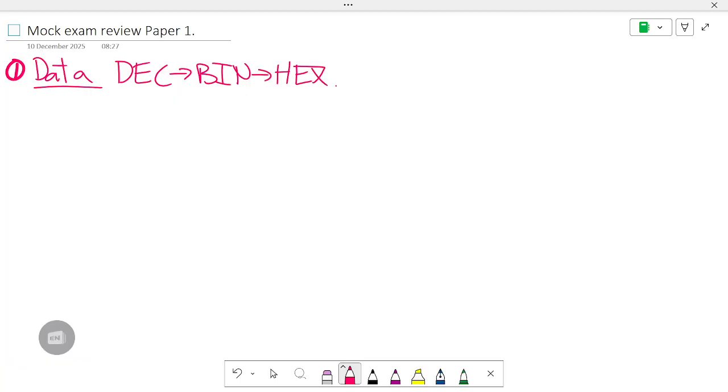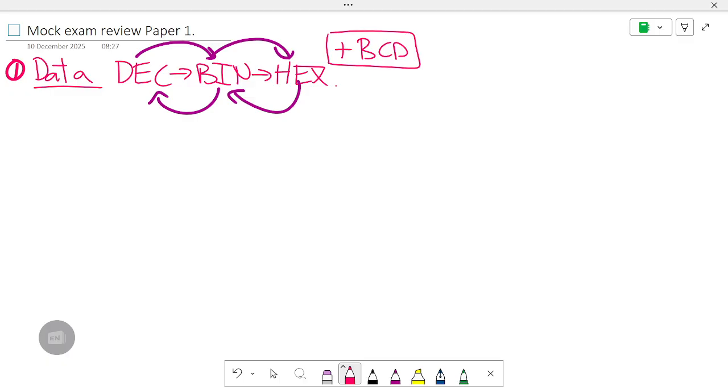Okay? So you need to be able to convert from one to the other. You need to be able to go from here to here, here to here, and here to here. And plus, there's one more that you have to be able to convert, plus BCD. So I'm just going to quickly outline, if you have your summary note, let's just put a nice picture about all these ideas.